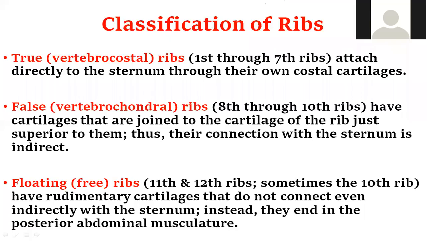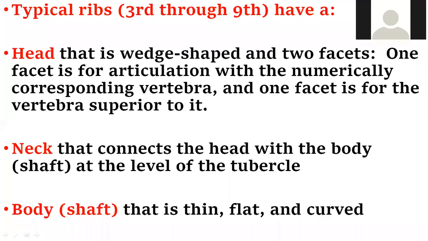For the head of a typical rib, the head is wedge-shaped and it has two facets. One facet is for articulation with the numerically corresponding vertebra, and the other is for the vertebra superior to it. So it has two points of attachment.